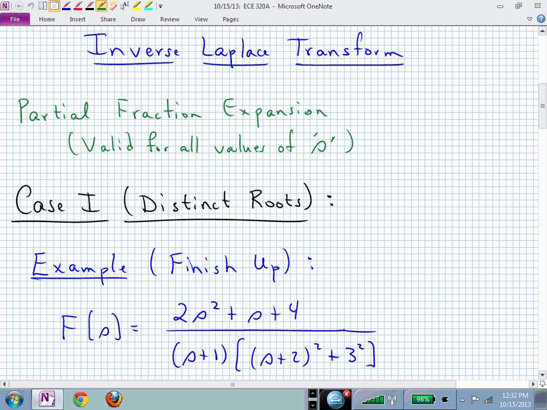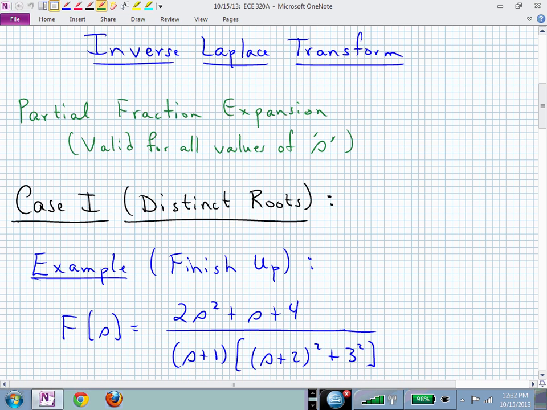The denominator degree is exceeding the numerator degree, or you have a strictly proper transfer function. If you do not, what do you do? You divide it out. You divide until your remainder has a degree strictly less than the denominator degree.